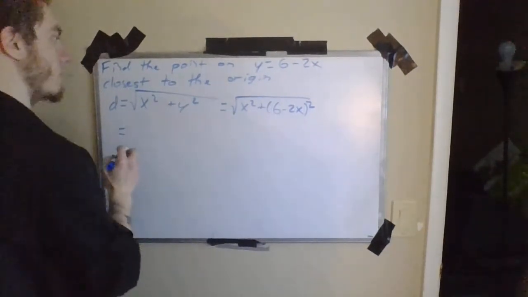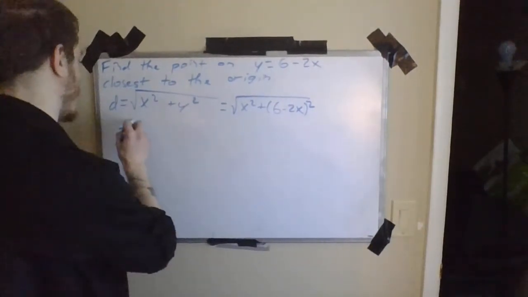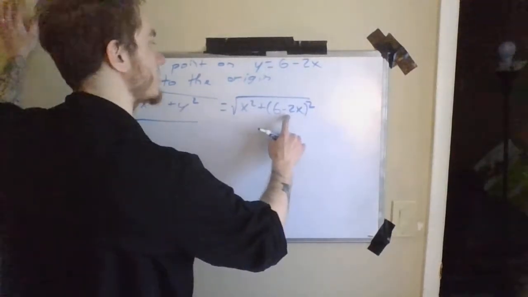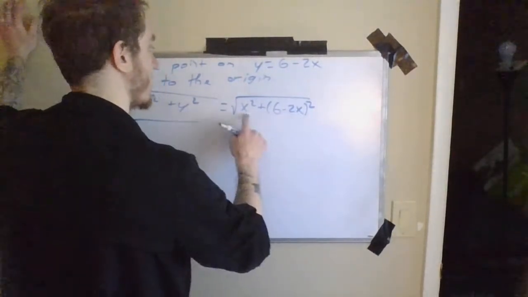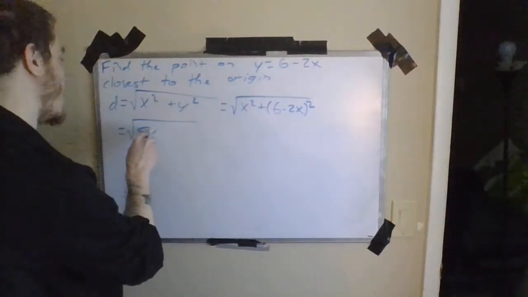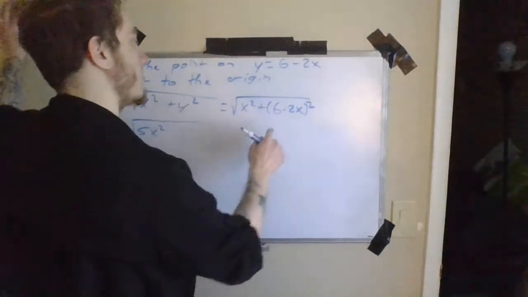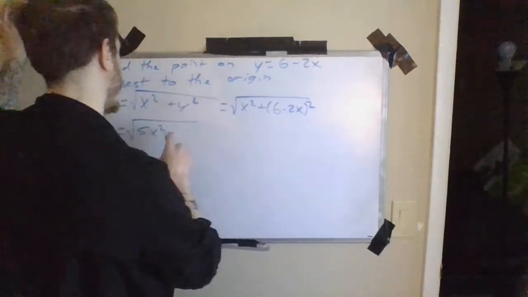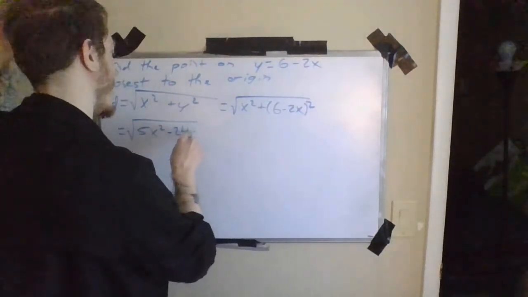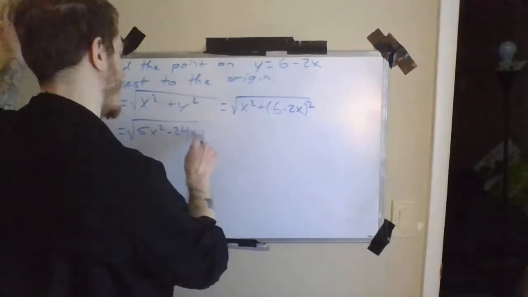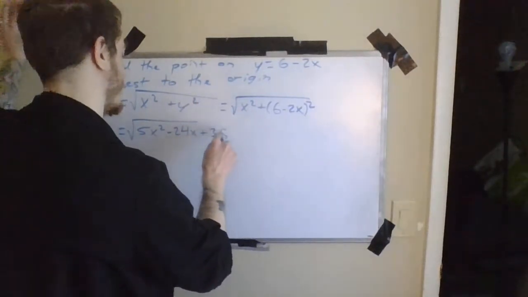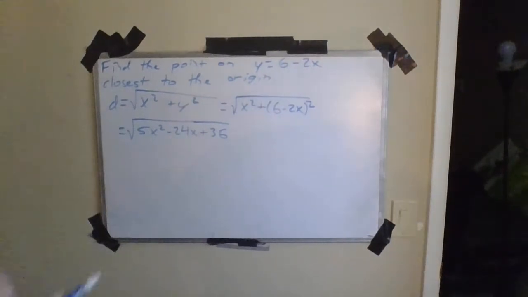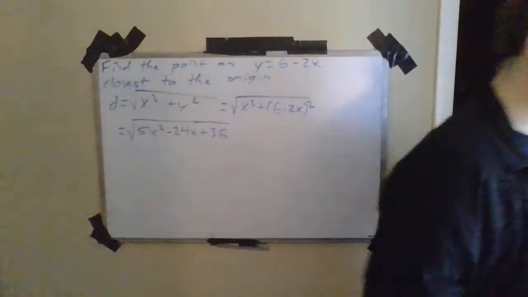So this is going to be the square root of, let's see, when we expand this out, this is going to be 4x squared, so a total of 5x squared, and then we're going to have negative 12x and another negative 12x, so minus 24x, and then we're going to have plus 36. So this is my formula for the distance.